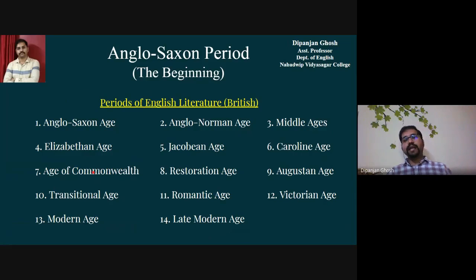This age is also named by Edward Albert as the Age of Milton, right? After the Commonwealth period comes the Restoration Age, which begins with the restoration of the monarchy in England in 1660 and lasts till the year 1700.